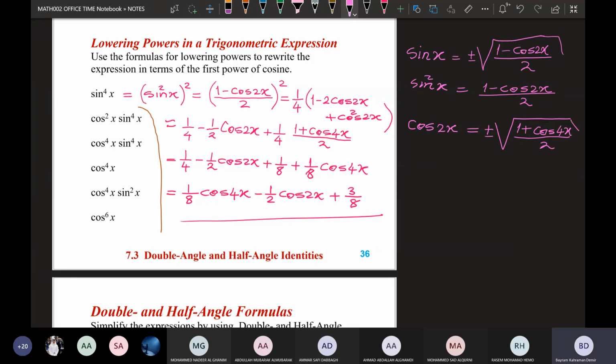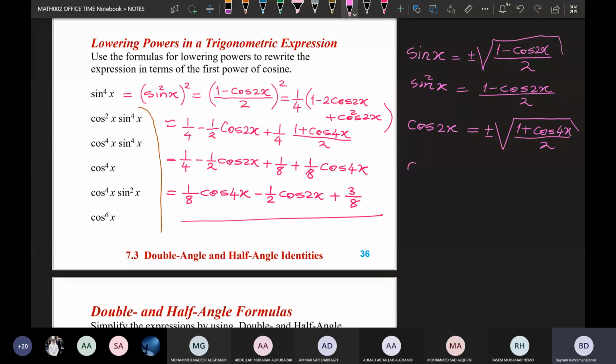So it is a half-angle formula for cosine. So inside is 4x, but outside is half. That is, half of the 4x is 2x. All right, just like in the sine, you see, inside cosine 2x, outside sine of x, half of 2x.